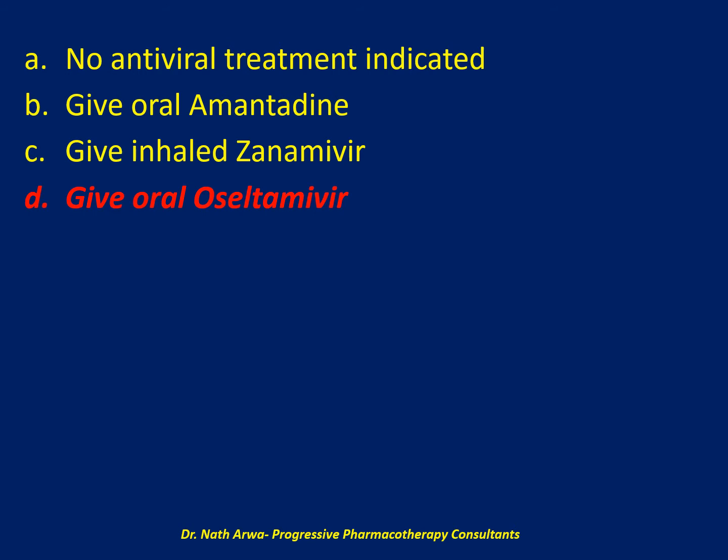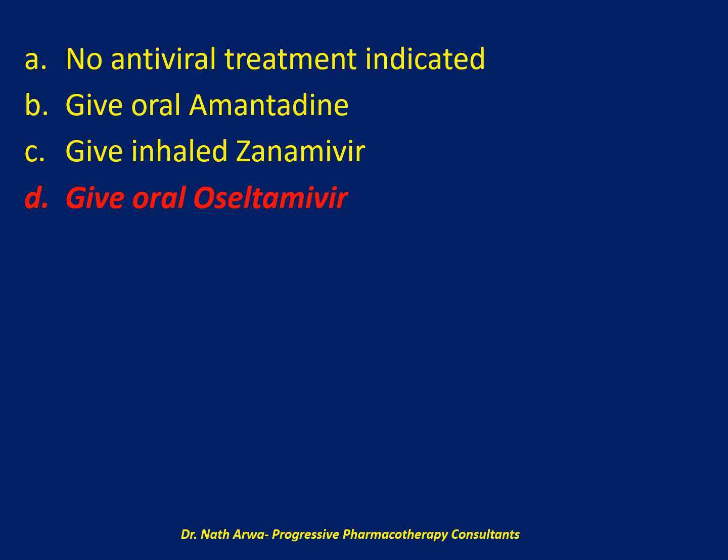Now, choice C, in my opinion, is also incorrect because inhaled zanamivir is not recommended in patients with underlying respiratory disease such as asthma, COPD, and so on and so forth, because of the risk of bronchospasm.